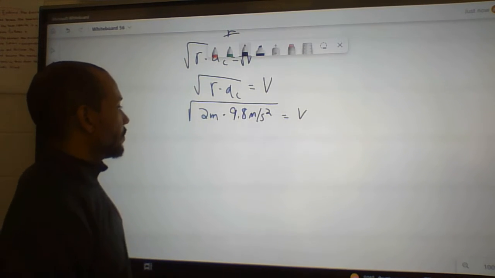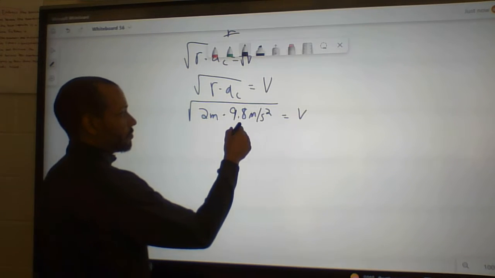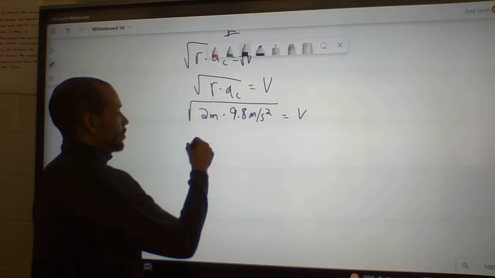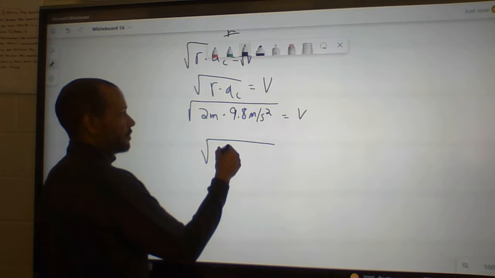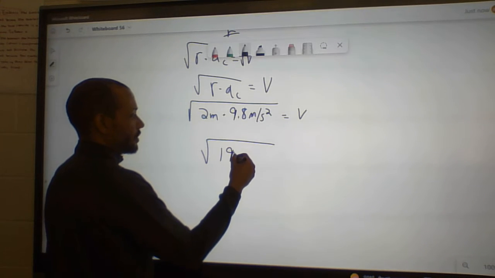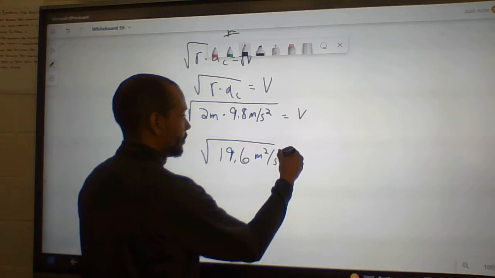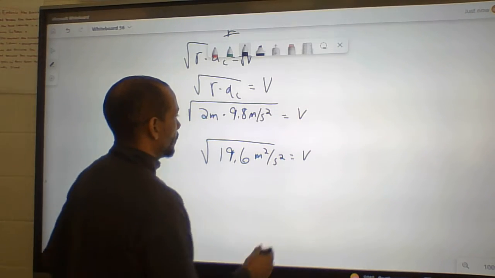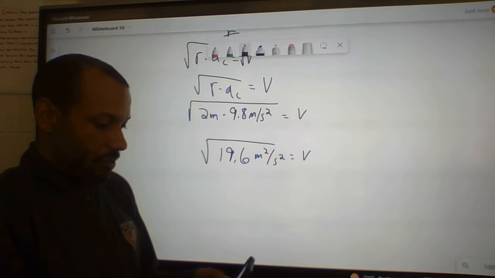All right, and now as we place this in, we're going to get the square root of 19.6, meters squared over seconds squared. And then if we take the square root of that, we'll just plug it into our calculator.